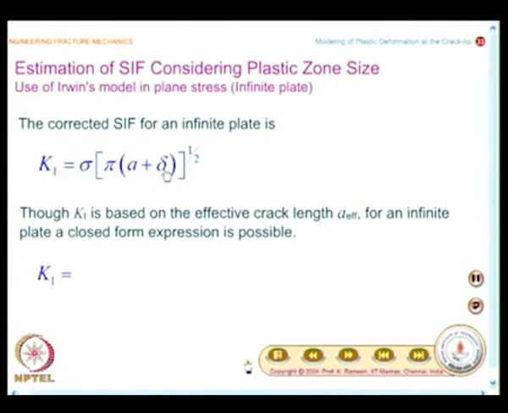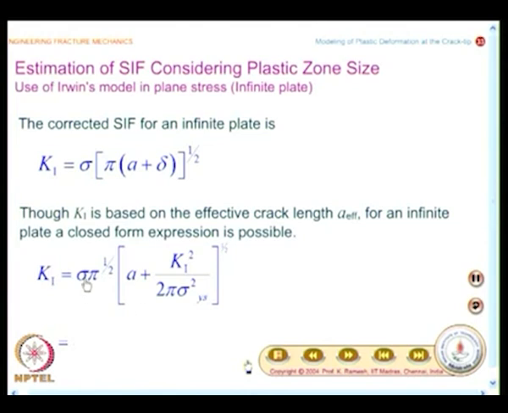See, you have to note that delta is dependent on K, but because the problem is simple, I do not have to do an iteration. I can find out an expression for K1 for this specific example. A closed form expression is possible. So, I will substitute the expression for delta from Irwin's model.